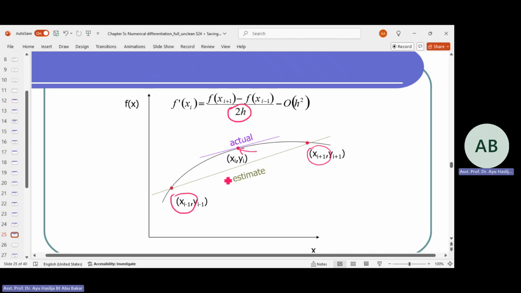Okay, why 2h? Because this is 1h, this is 1h. Okay? Center is most favorite one among the forward and the backward. Centered, we consider as O(h2), higher level. Okay?